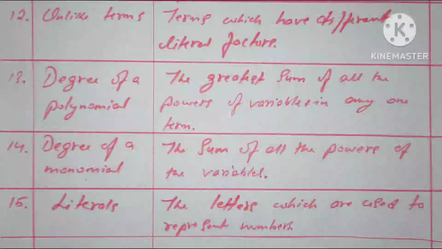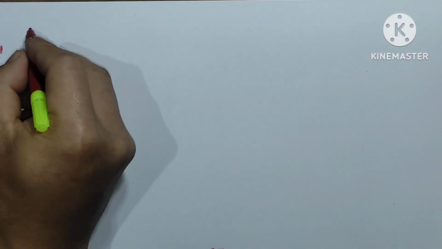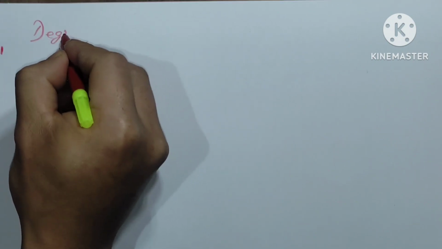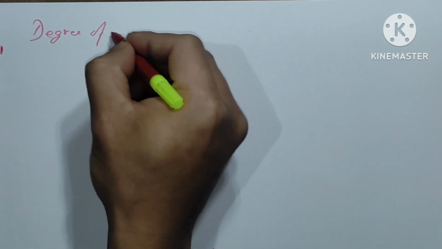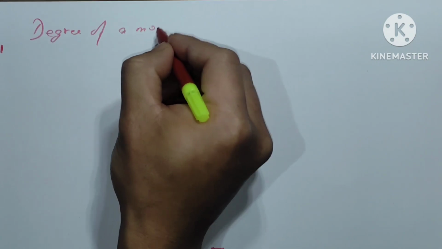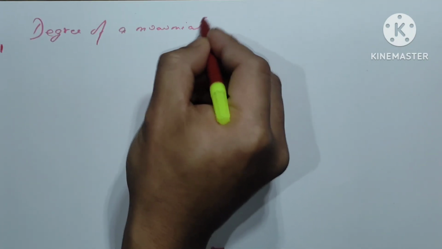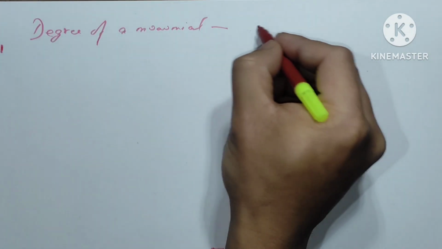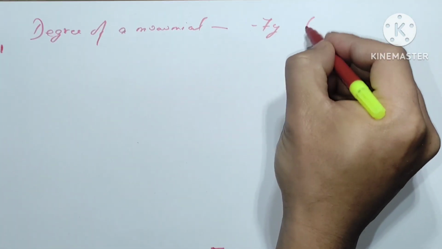Now let's see the degree of a monomial. And the definition is the sum of all the powers of variables. I had already told you in the same video that a monomial has only one term. And what is the degree of that one term, let's see. Minus 7y.